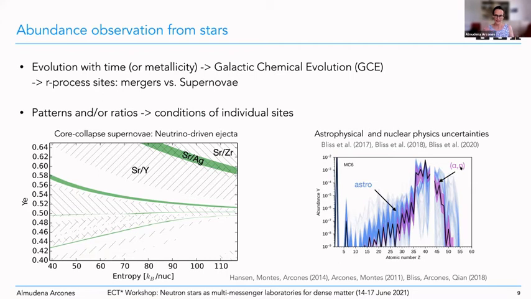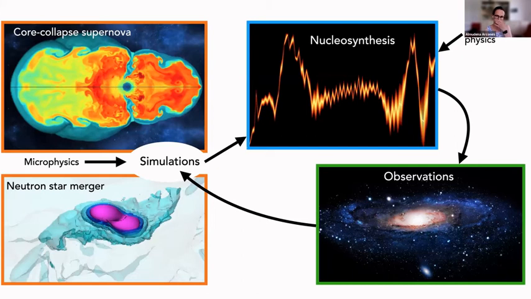And only by playing with all these things together are we going to be able to link the observations to calculations, only if we also identify what is the key nuclear physics and we reduce the uncertainties there. Okay, so these are the ways of using observations to constrain the simulations or to constrain the astrophysical conditions and the microphysics that we put there.